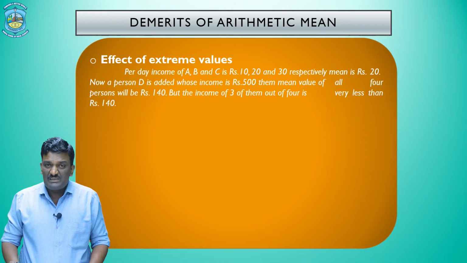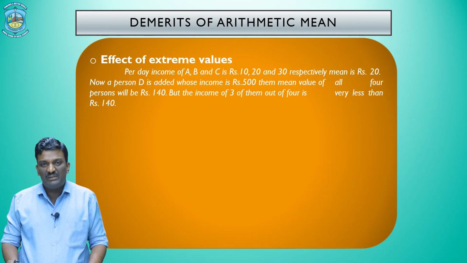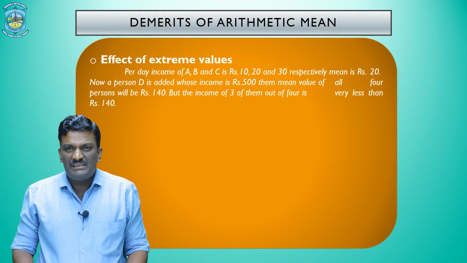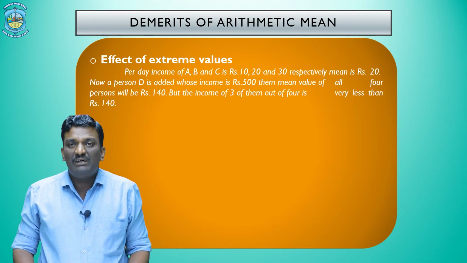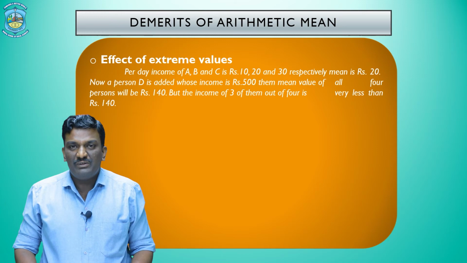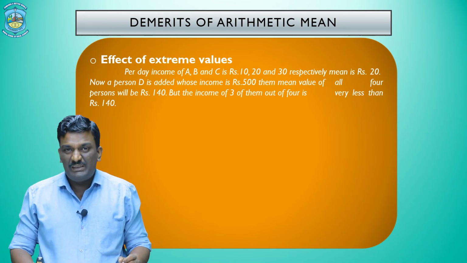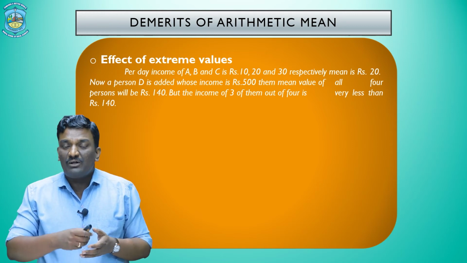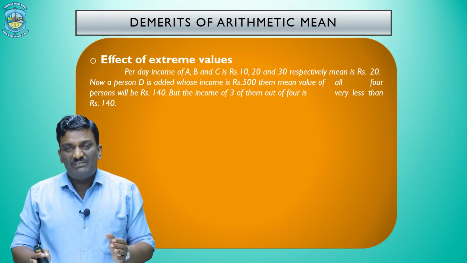When we talk about the demerits of arithmetic mean, there is always an impact of extreme values on the result of arithmetic mean. You can see here in this example, per day income of A, B and C is 10, 20 and 30. If we calculate the arithmetic mean of these values, you will get the value 20, which is very close to these three values and a good representative for them.